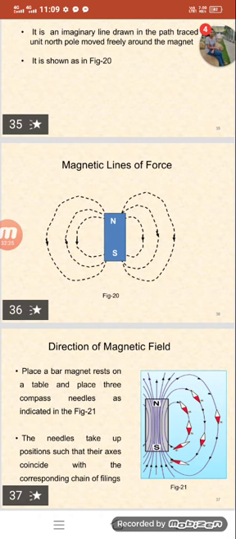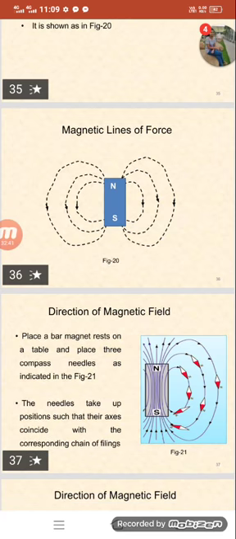The needles take up positions such that their axes always coincide with the chain of fillings, so the compass needles are indicating the directions.